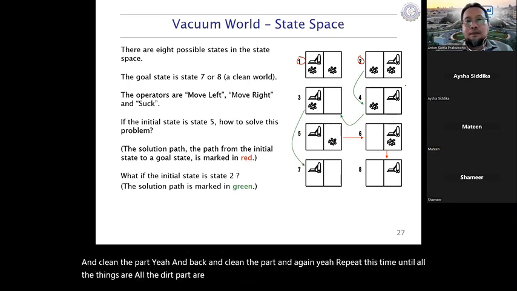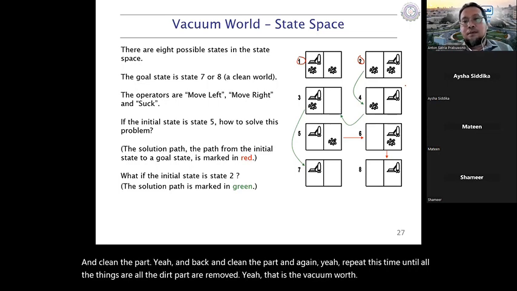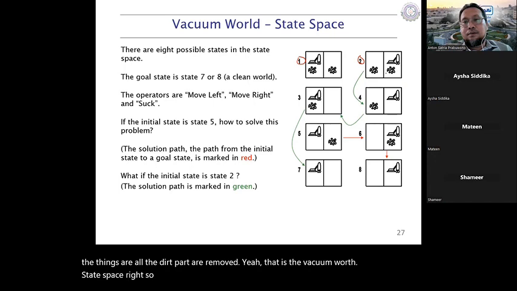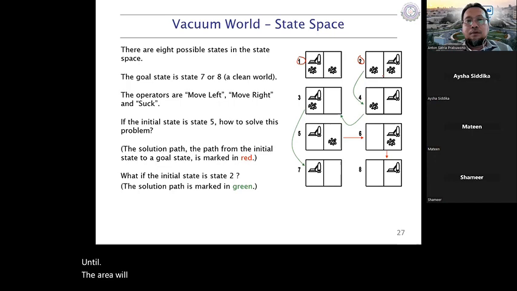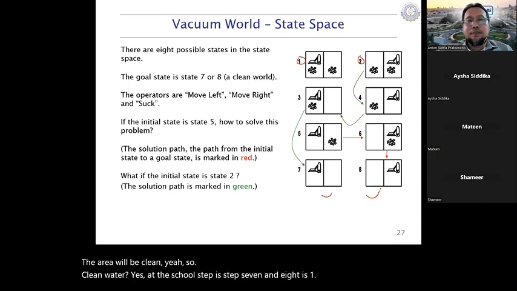That is the vacuum world state space, right? So we'll repeat all these steps, all these states, until the area is clean. So, clean world. The goal states are states 7 and 8. This is the goal state.